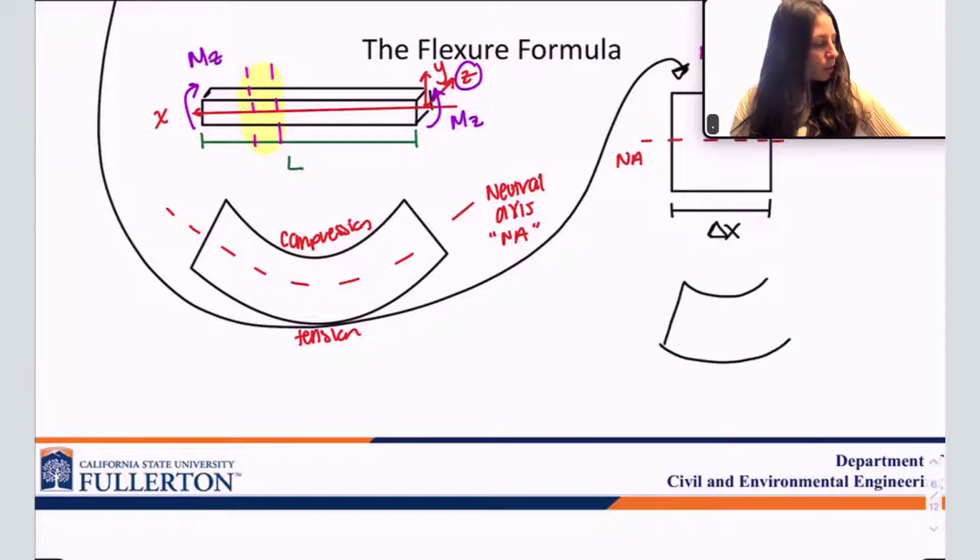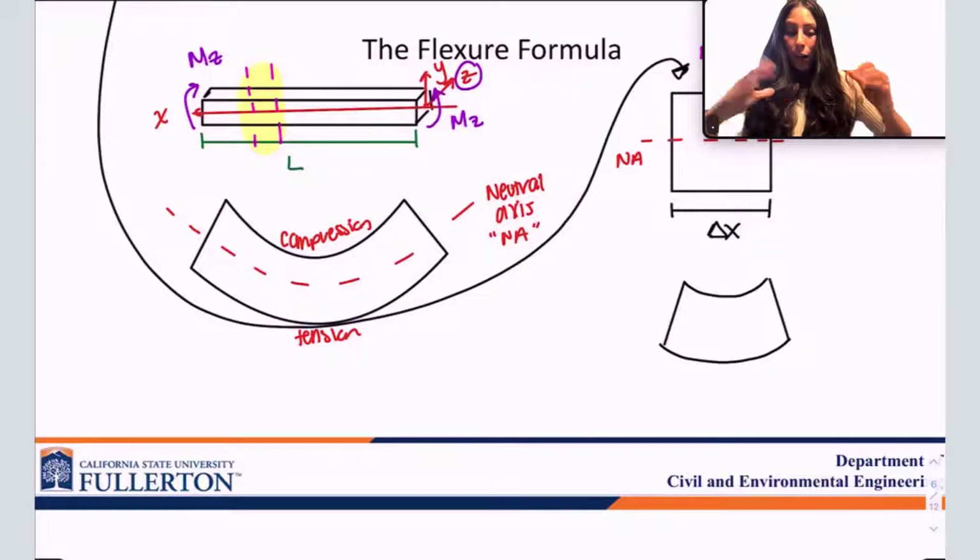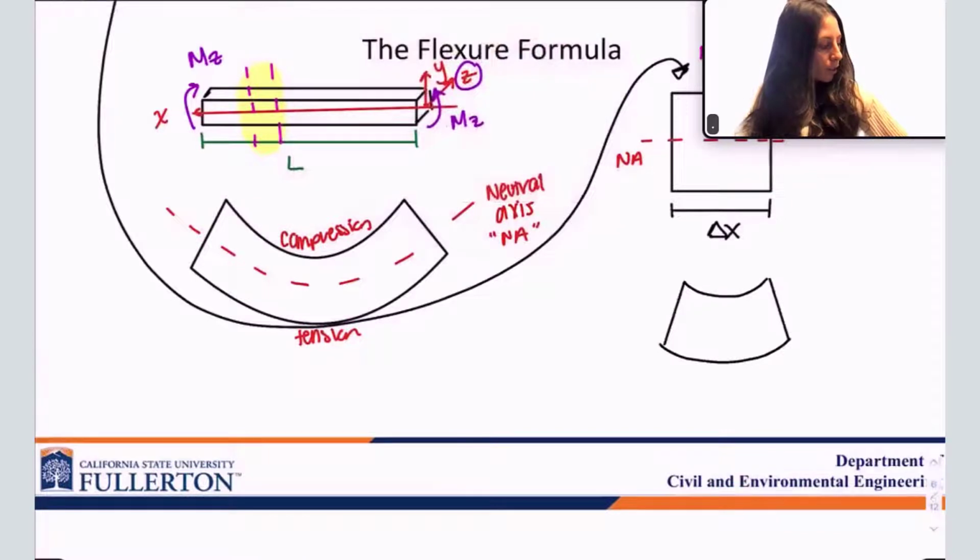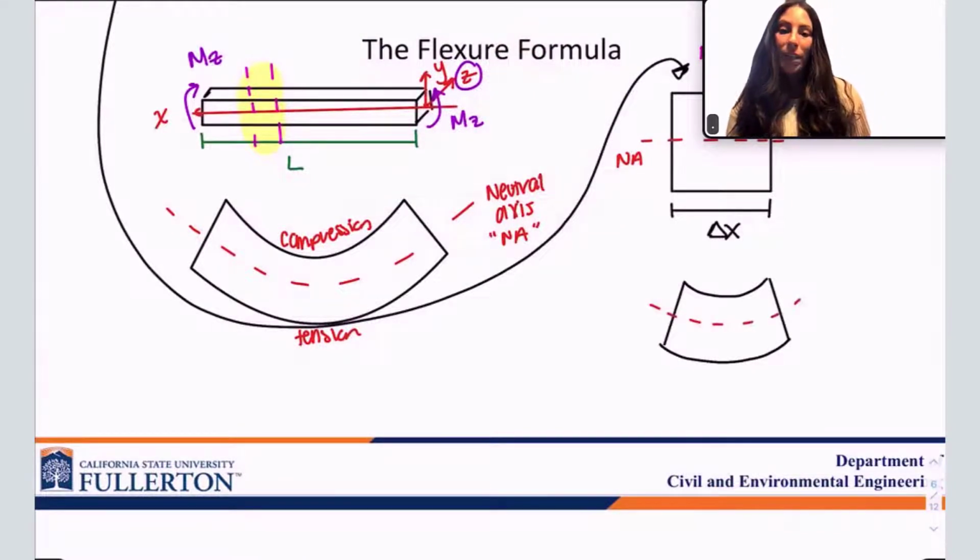This is the same element I drew up there, but now we're bending it. I'm going to draw that same reference, the neutral axis. What's the length of the neutral axis if it doesn't change? It's still delta x, right? What's happening, though, is we're curving the element.